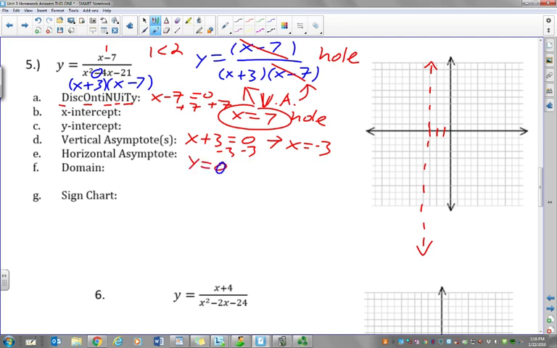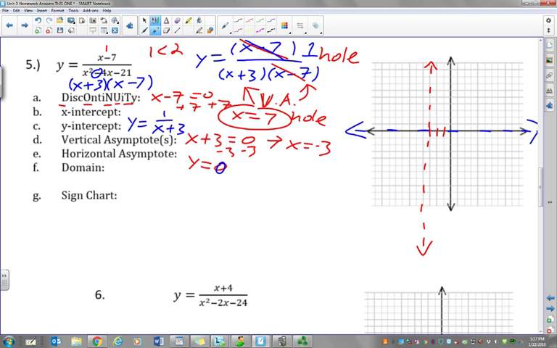So we're going to go along the x-axis like so. Now to do the domain, you need the graph first, and to get the graph you do the x-intercept and y-intercept, using the simplest form. Since x minus 7 canceled, it reduced to 1 over x plus 3.